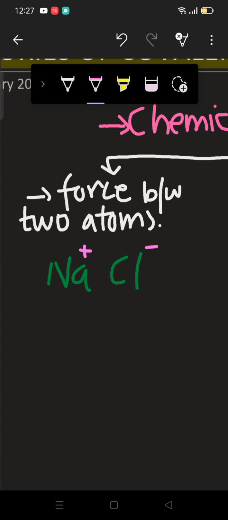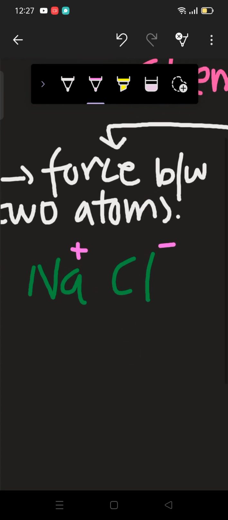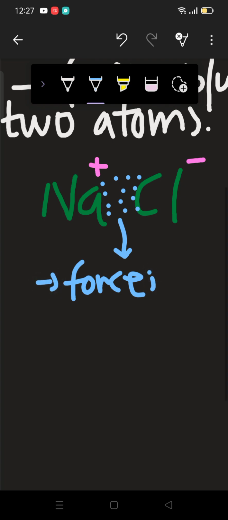There is a complete transfer of electron from one to another, which forms a force between these. And we don't actually write it like this, because as this is a force, we write it like this. So this is actually a force between them, not a bond, which is known as electrostatic force.